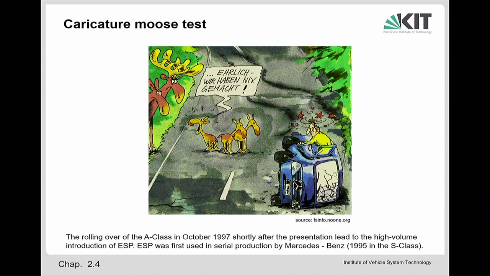It was a very small car. It was an A-class, and this was a very visionary concept because this car has a double underbody. And in this double underbody, it was prepared that the battery for electric drive should be implemented later on.